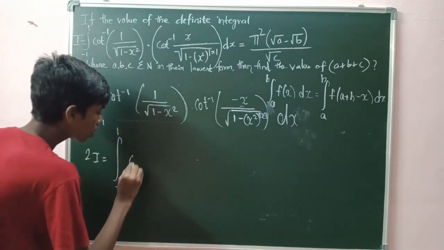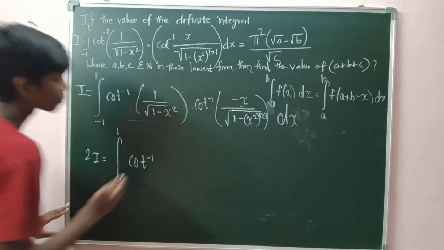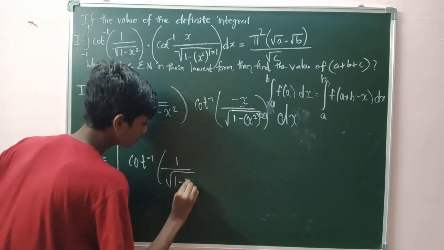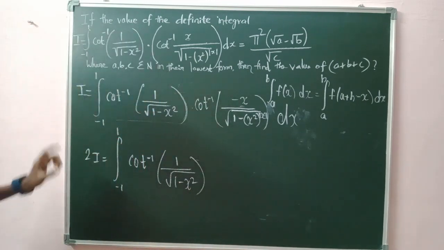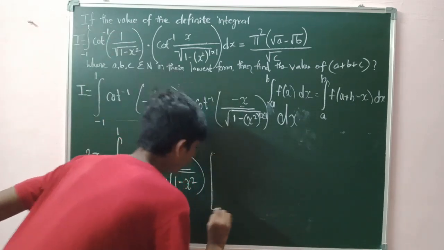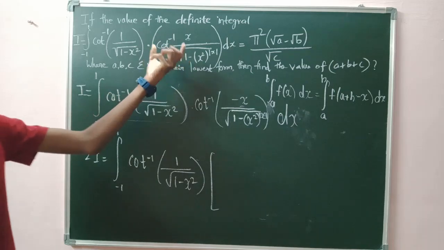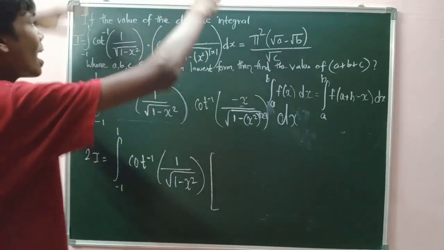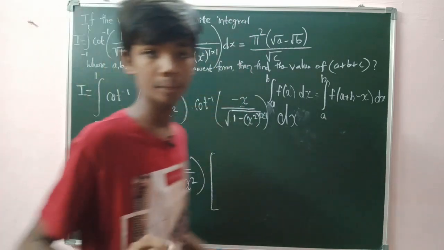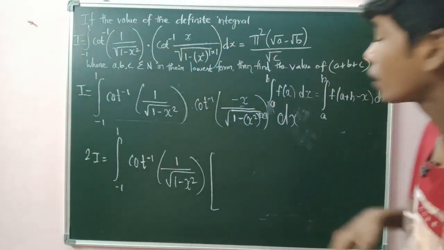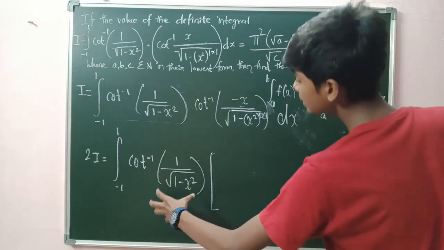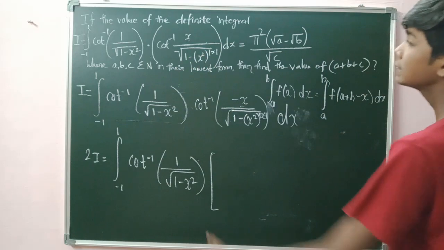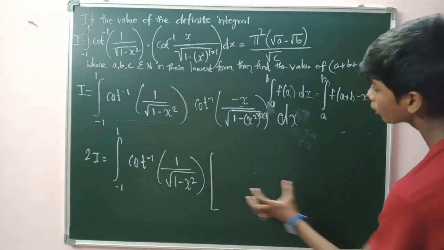Therefore, when I take this as common, I get cot inverse of 1 by root of 1 minus x square, and what is left is this term plus this term in the bracket. Correct or not? Because I'm adding these two expressions on the whole.